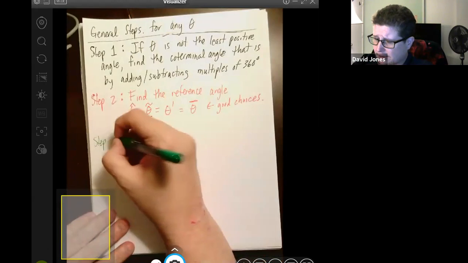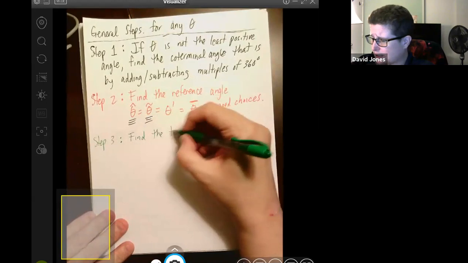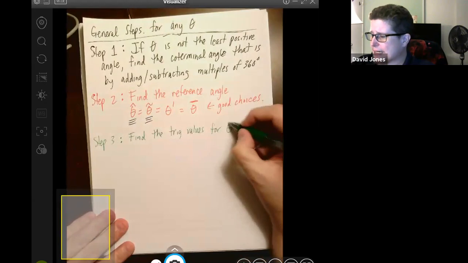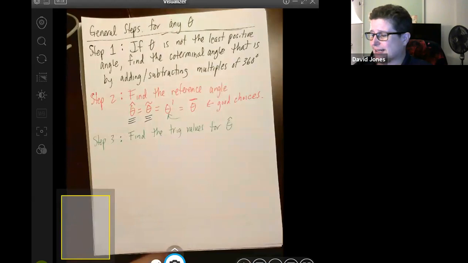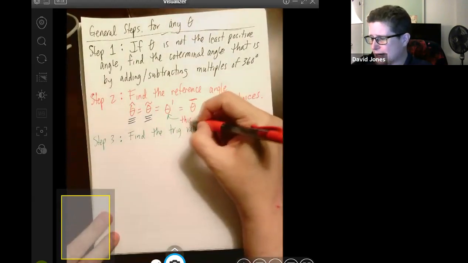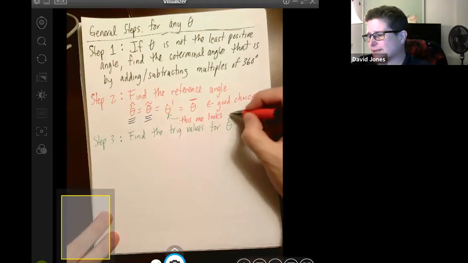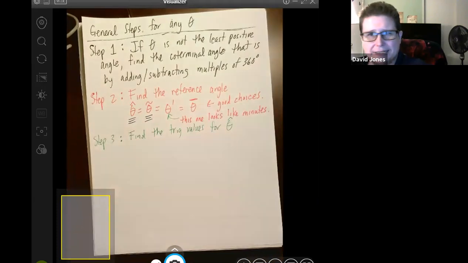Step 3, find the trig values for theta hat. This one sucks. This one looks like minutes. Like the degrees, minutes, seconds. But when we get to radians, we don't have minutes, and it's confusing.